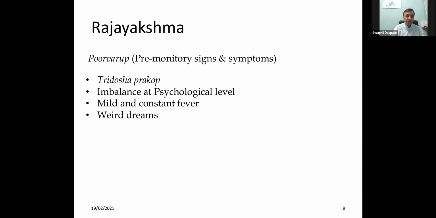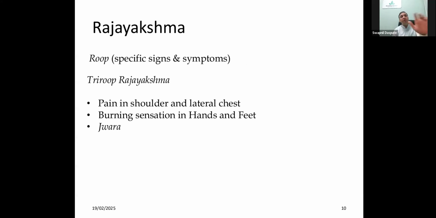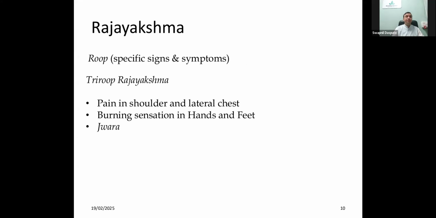If they start telling you about their dreams, you will feel as if they are narrating a story of some Bollywood movie, where they keep telling you so many things. So weird dreams is one of the Purva Rupa in Rajayakshma.